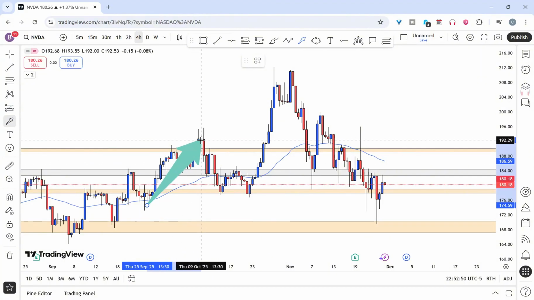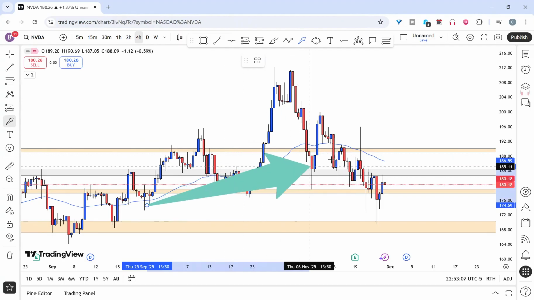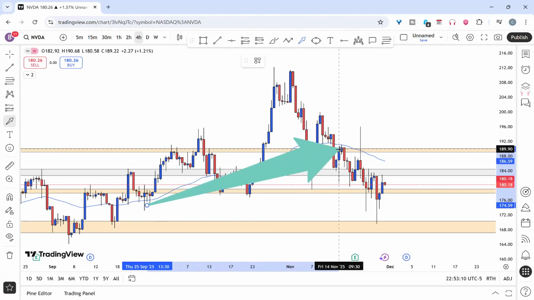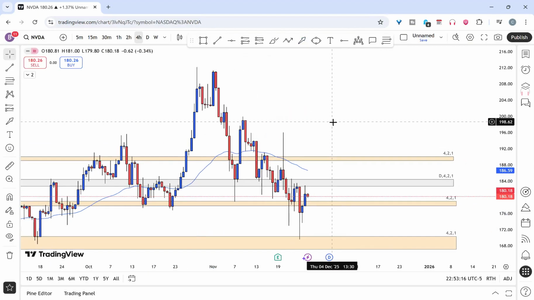There was probably a liquidity grab, and then it pushed back down, it went up, and it failed. So now we have 2 points that beautifully hold up the resistance level, and then right here as well. So we have 3 points, 3 touches that can be considered as a resistance level.